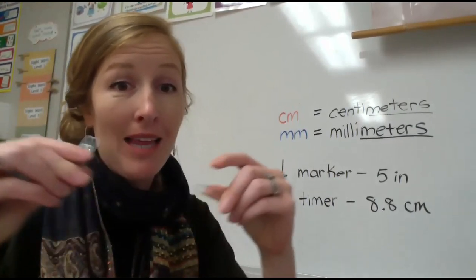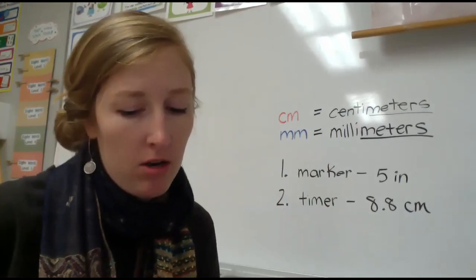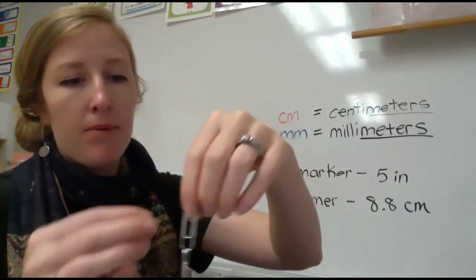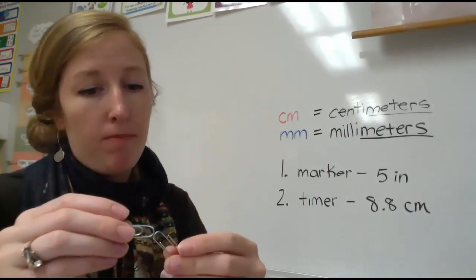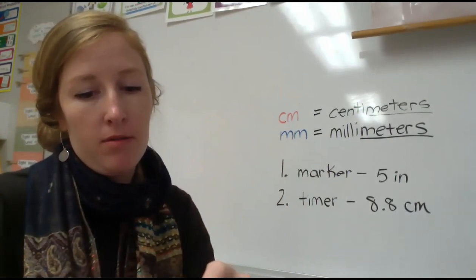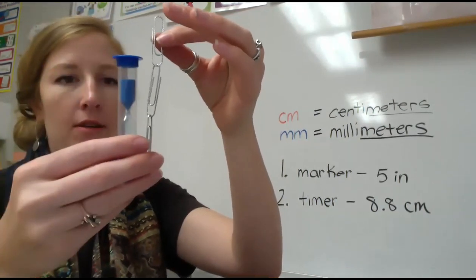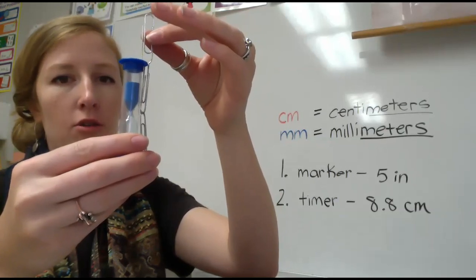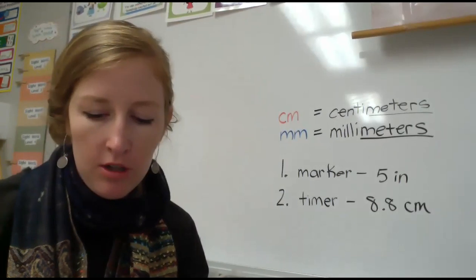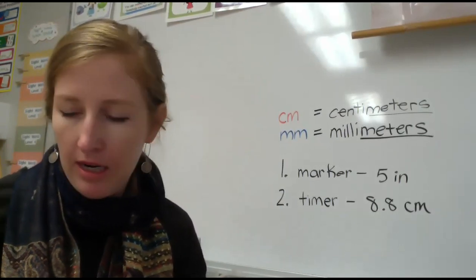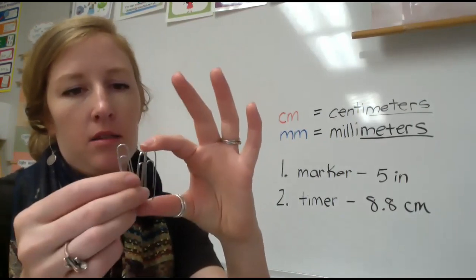Maybe you can put some Legos together and tell me how long something is in the Legos. Or you could have paper clips and measure something with paper clips. Right, so if I was measuring this, I would say, oh, it's 2 paper clips long. Just find something where all your units are the same size.